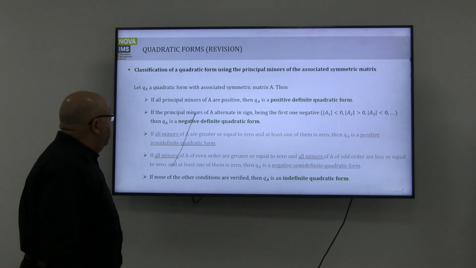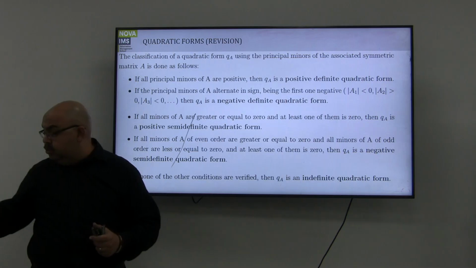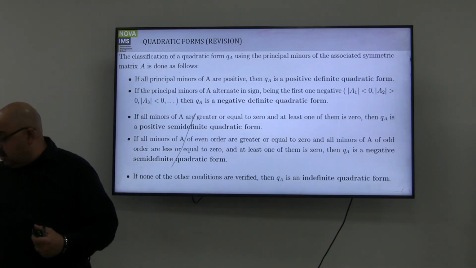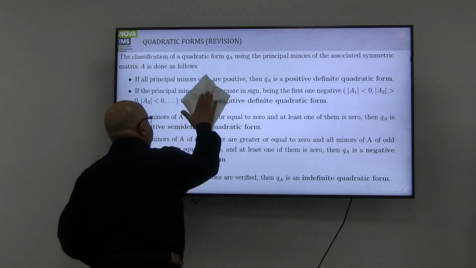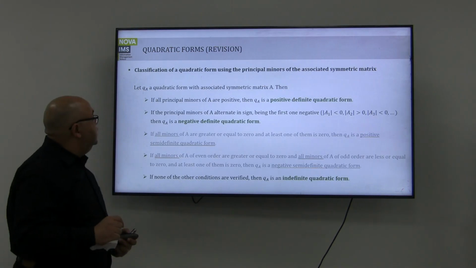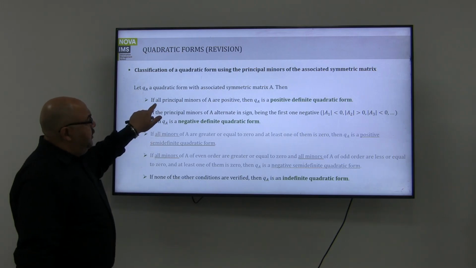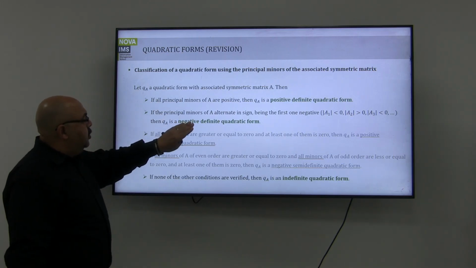So once more, those are the main definitions, or how to classify your quadratic form according to the principal minors. If all the principal minors of A are positive, then it's a positive definite quadratic form.